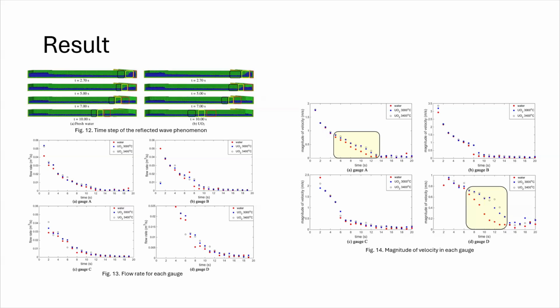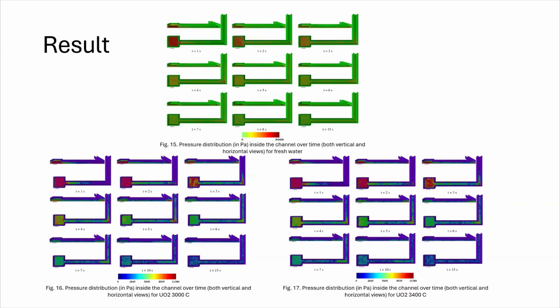For magnitude of velocity in each gauge, water and uranium dioxide have a similar pattern, but in gauge A and gauge D there is an abnormality where water and uranium dioxide have a big difference. Next is pressure distribution for freshwater and uranium dioxide.